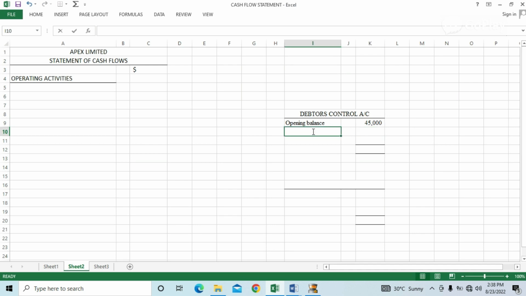So how much was the sales? The sales in the income statement was 60,000. Then have we received some amount of money from them? We do not know. So we just write cash received from our debtors. So the cash received, we do not know. So I will just indicate it with X.